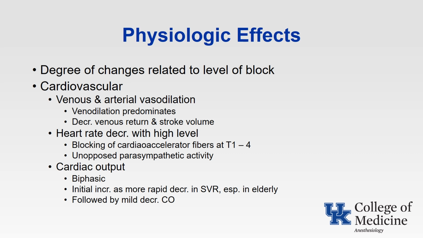This is especially the case in elderly patients who have high SVRs and long-standing hypertension. However, soon after, as the venodilation and decreased venous return catch up with the decrease in SVR and become more predominant, you'll generally see a mild decrease in cardiac output. It would be unusual to see a marked decrease in cardiac output in most patients who have a neuraxial block.